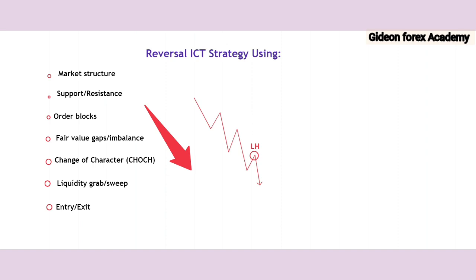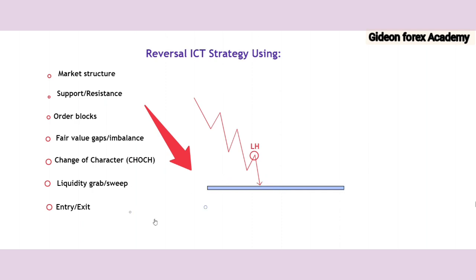So in this downtrend, when it hits our support area, let's assume this is our support area. We draw our support area considering the past where the price has failed to break below.